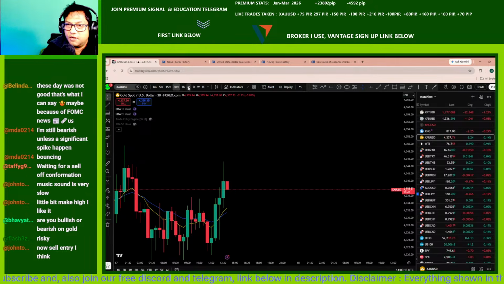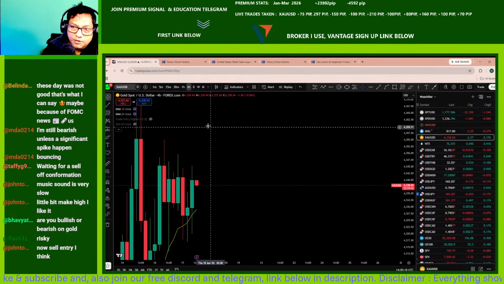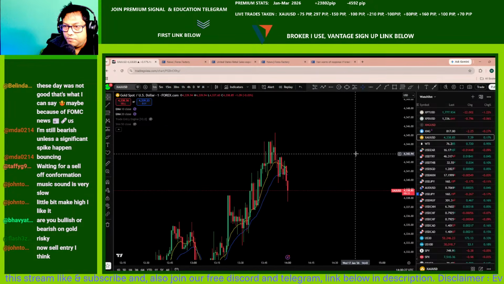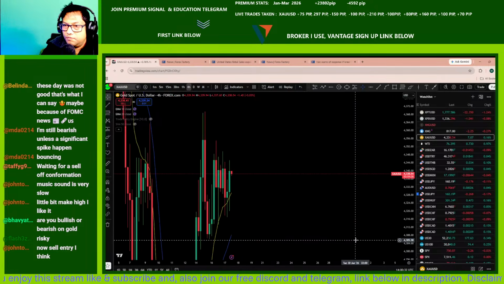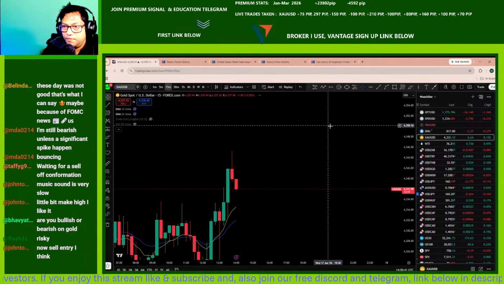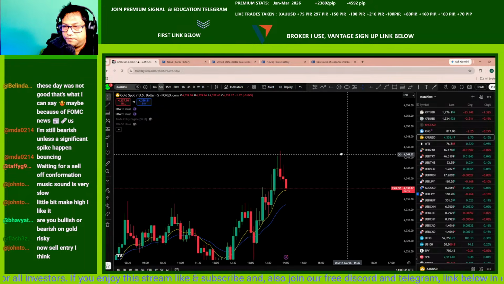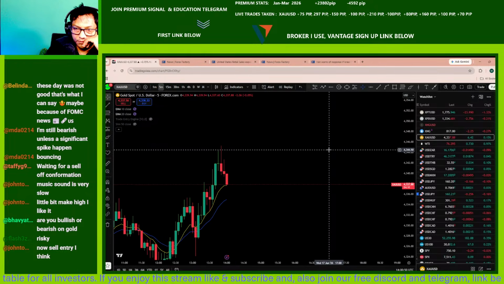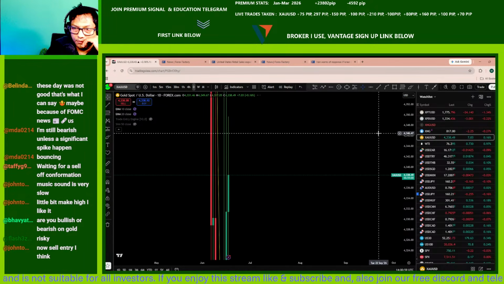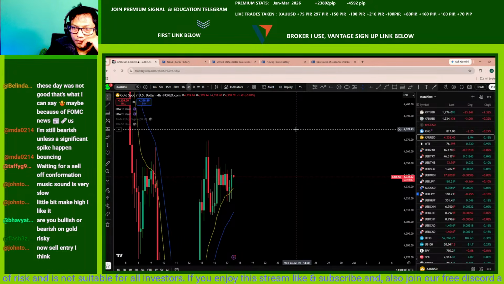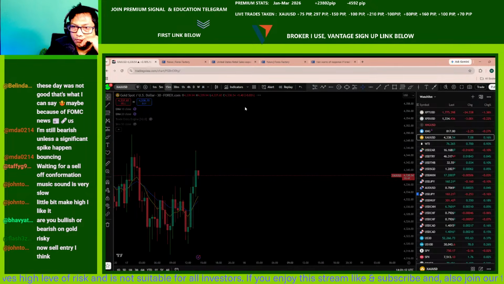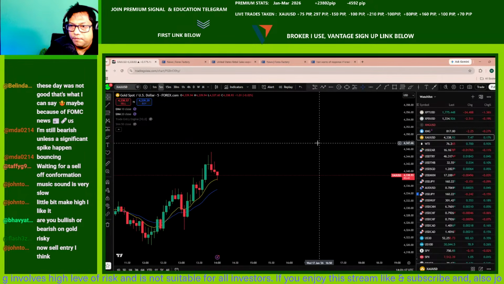The market might, in the last move, you see there is the 4-hour candle close, break of structure, and okay, this might. So let's take another look.